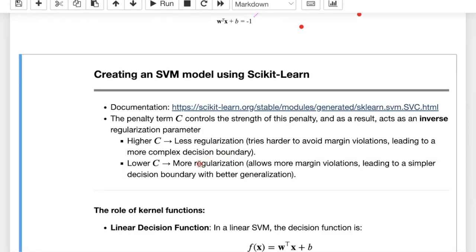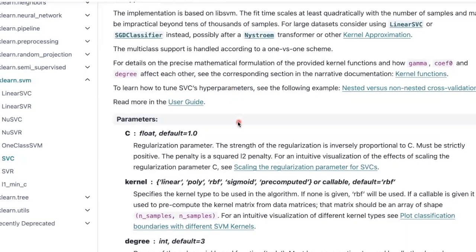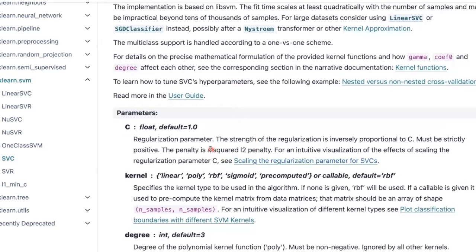If you really want to regularize this problem, you want to make C closer to 0. And if you look at the documentation, C cannot be exactly 0. It says it must be strictly positive. For example, you can choose 0.00001, but it cannot be exactly 0.